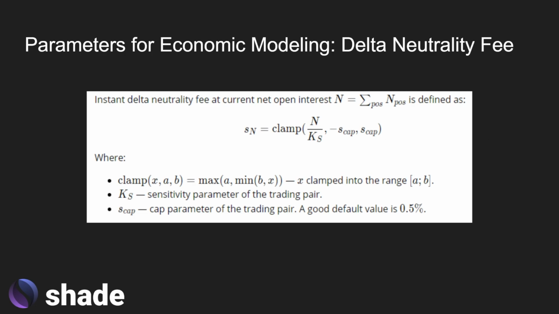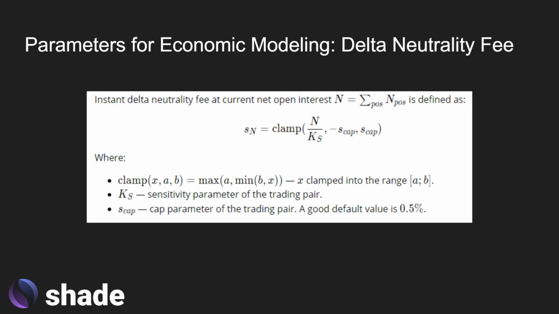So the delta neutrality fee is directly proportional to short-long open interest imbalance, which is materialized for us in the form of this equation: n equals the sum of positions times the notional size of those positions.